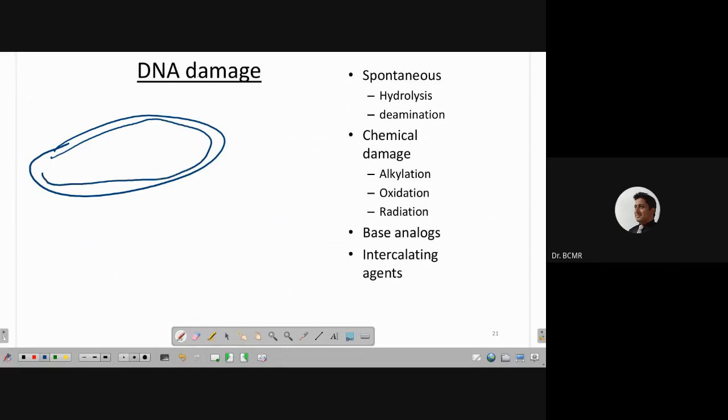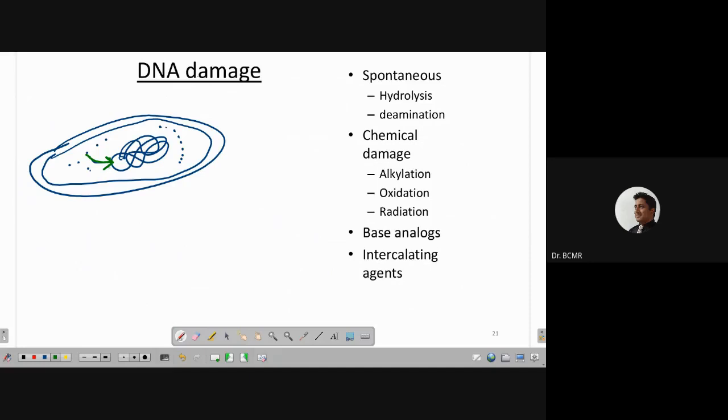The DNA is always bombarded with several other chemicals. That means interactions of other molecules with the DNA are always possible, because of which DNA is going to be affected. There will be changes, there will be damage to DNA.